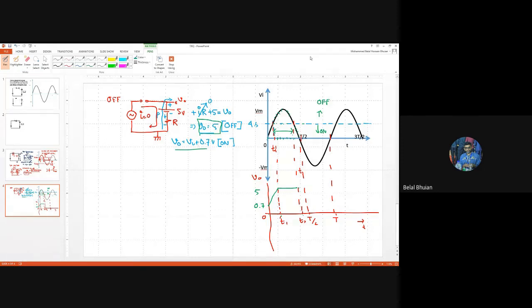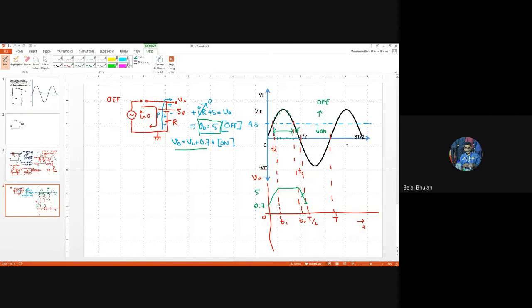You can imagine that you grab this signal and just pull it up by 0.7. So if you pull it up, 4.3 will become 5 and 0 will become 0.7. So the shape of this and the shape of this are identical.